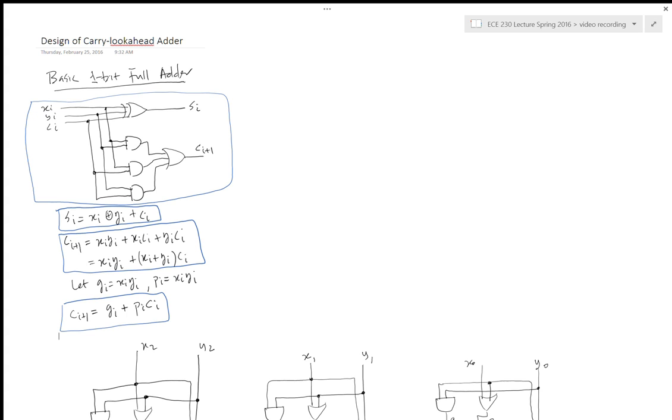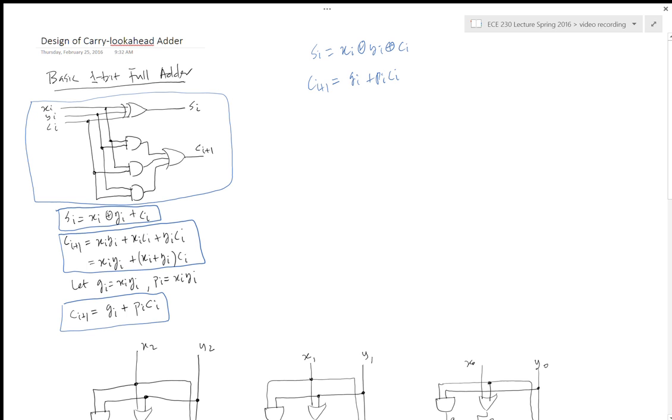So we're going to use this equation. We know that Si, just going to rewrite this, is Xi exclusive-OR Yi exclusive-OR Ci, and Ci plus 1 is Gi plus Pi Ci.